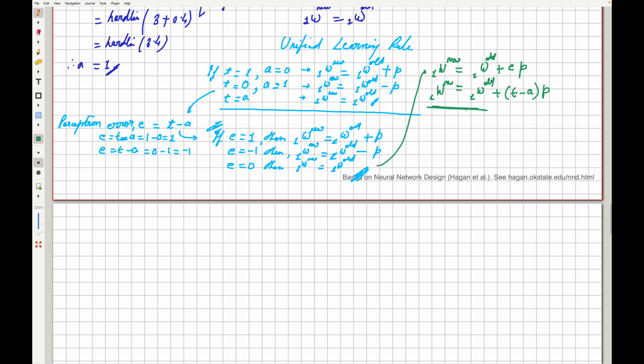And just like this, we can also update the value for B. So B new is equal to the old B, and here we are simply going to change the sign of the bias based on the value that we have for E.